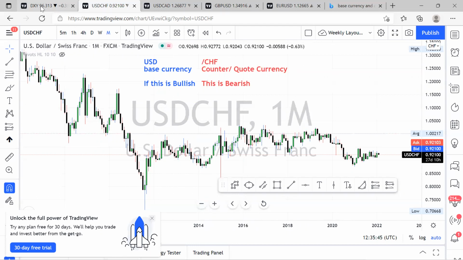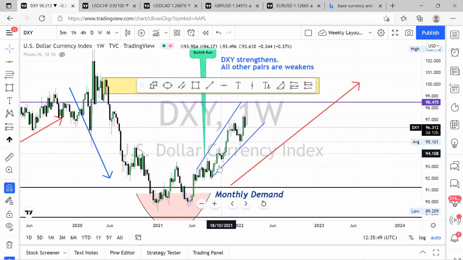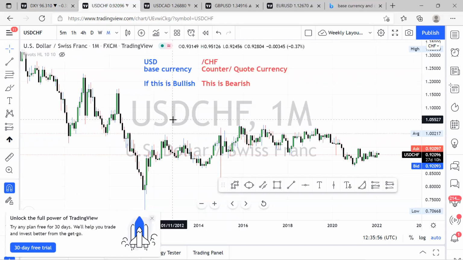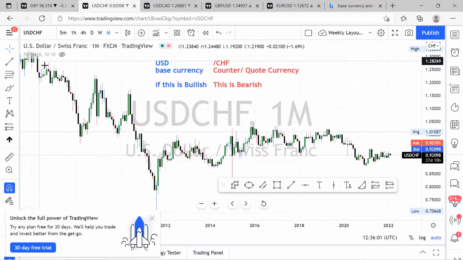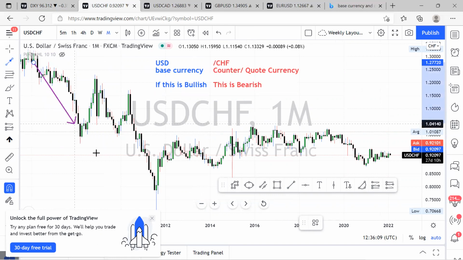So as you've seen here, in the dollar index, price is rallying, so that means it's going in good strength, okay? So let's see how this compares to here. What you can see here is for quite some time, we've had the Swiss franc going in a downward trend.